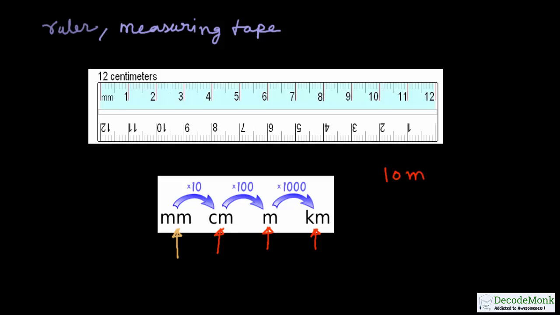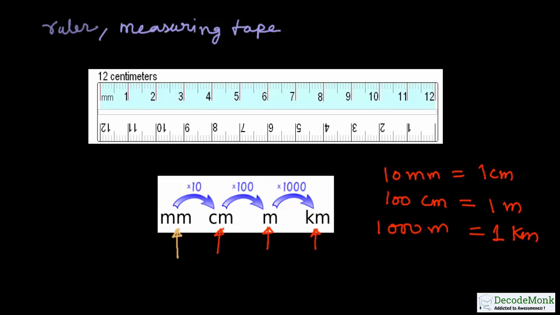10 millimeter equals 1 centimeter. Please try to learn as I read through this. This is very important. 100 centimeter equals 1 meter, and 1000 meter equals 1 kilometer, and 1 kilometer is of the same length whether you are in Kolkata, Delhi, Chennai, Paris, London, wherever in the world. 1 kilometer will be the same everywhere.